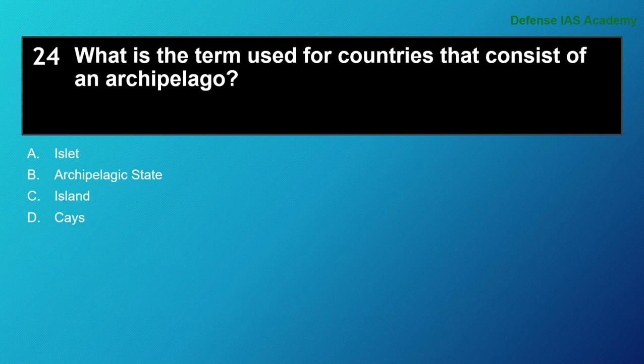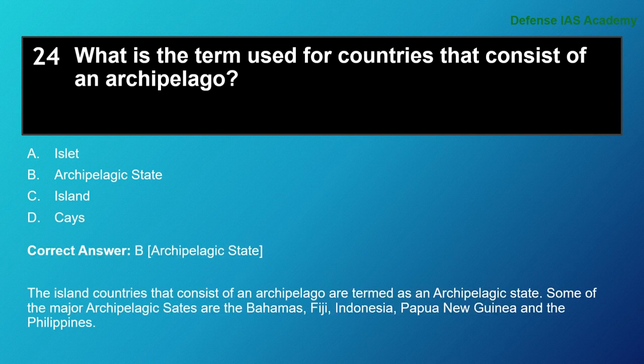Question 24. Which is the term used for countries that consist of an archipelago? The answer to the question is option B, archipelagic state.